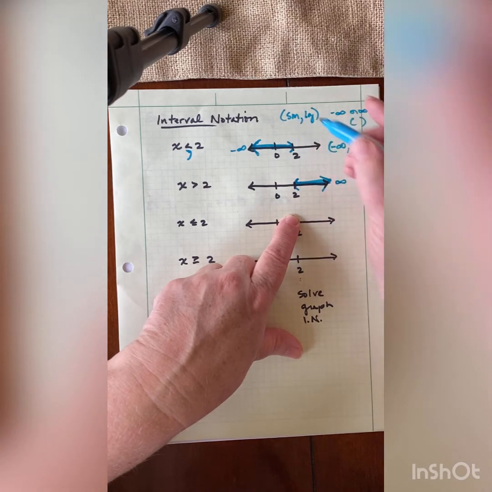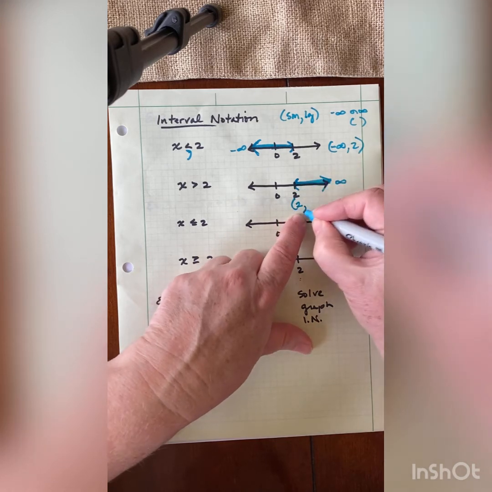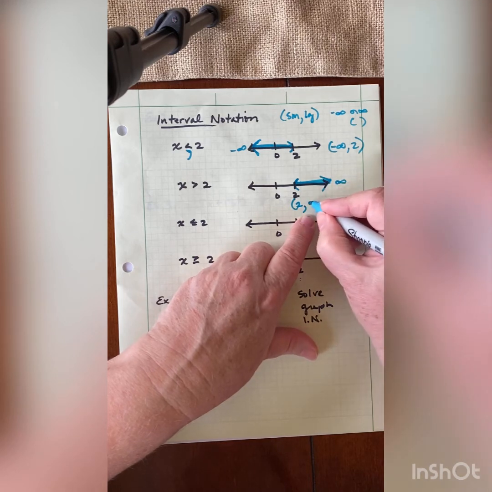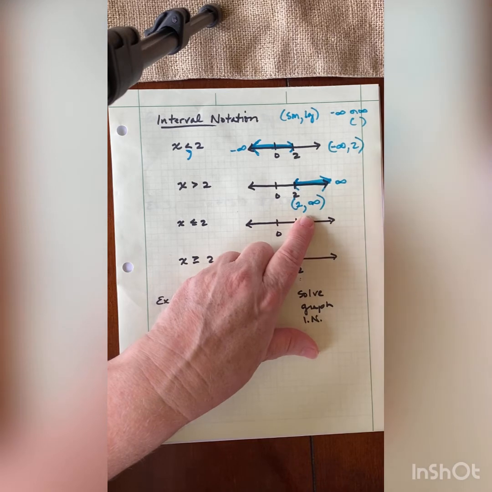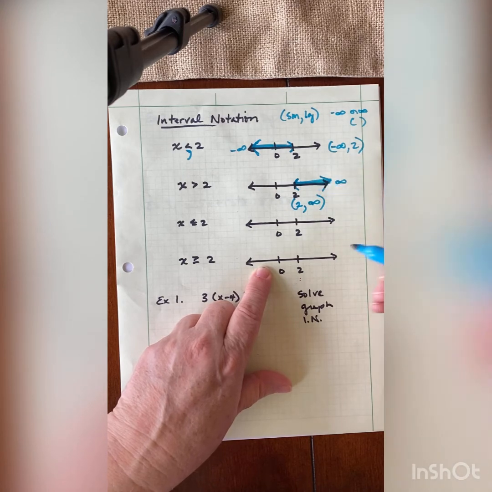What is my smallest possible answer? 2. And it has that parenthesis right there, okay? Then you have a comma. What's your largest possible answer? Infinity. Okay, so that, and because infinities always go with parentheses, there you are. See, it looks pretty much just like you have right above it on the graph.